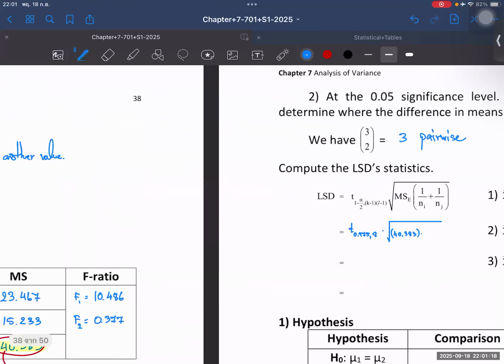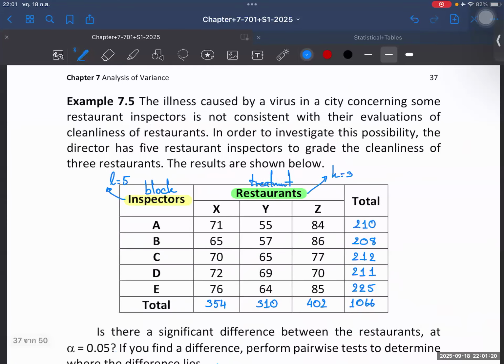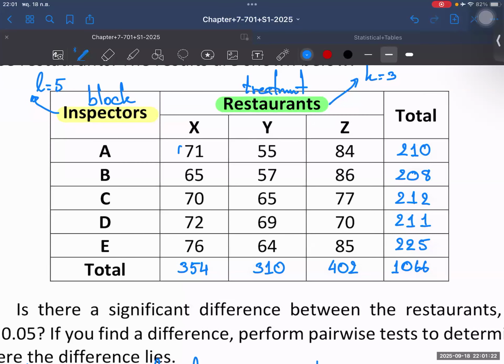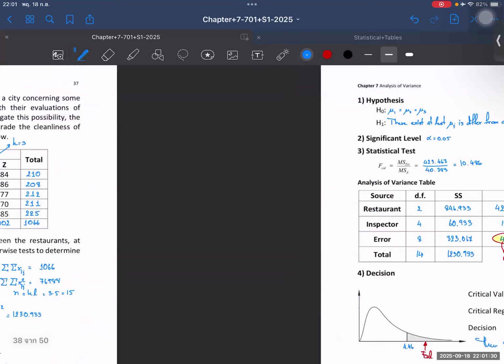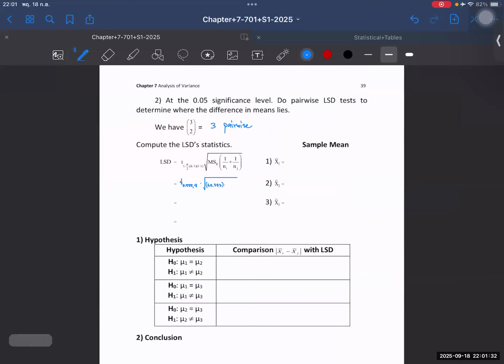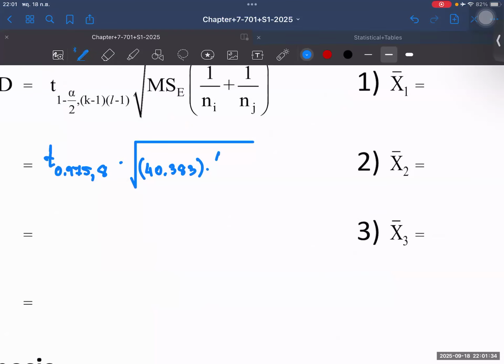So how many samples are in each treatment? You can see this is one of the treatment, and this is one. So it's 1, 2, 3, 4, 5. Okay. So that's why we use 1 divided by 5 plus 1 divided by 5. Okay.